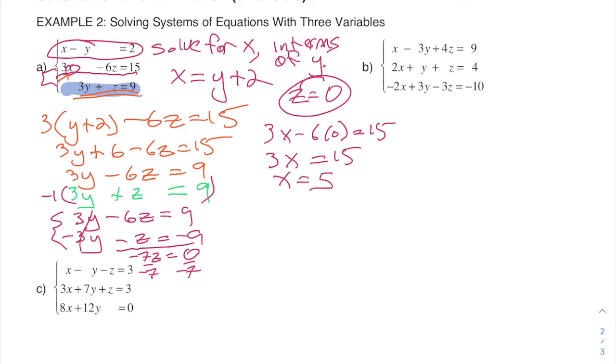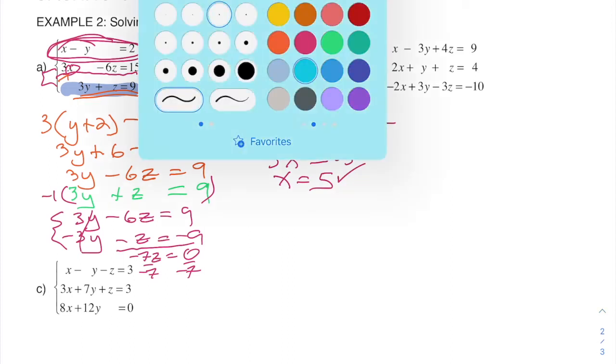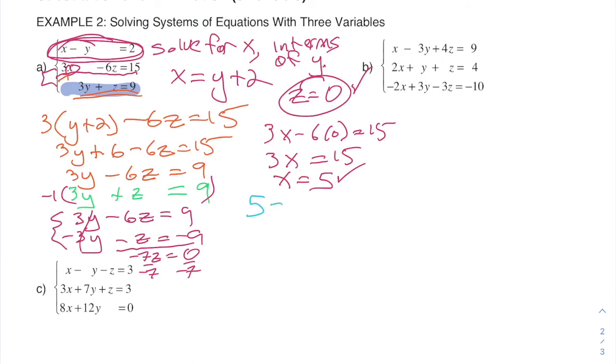So now I have z, I have x, and I'm just missing y, but look at this top equation again. That has an x and a y, so let me back substitute and solve for y. So now 5 minus y is equal to 2, negative y is equal to -3, y is equal to 3.